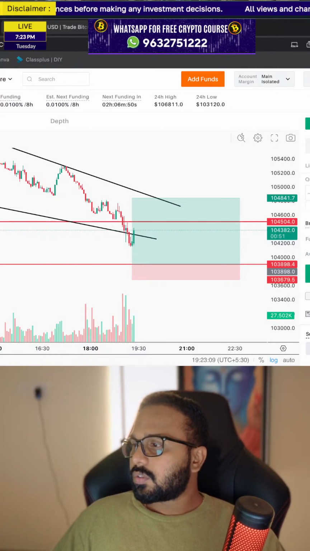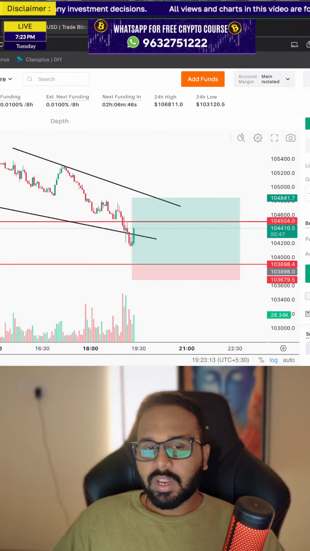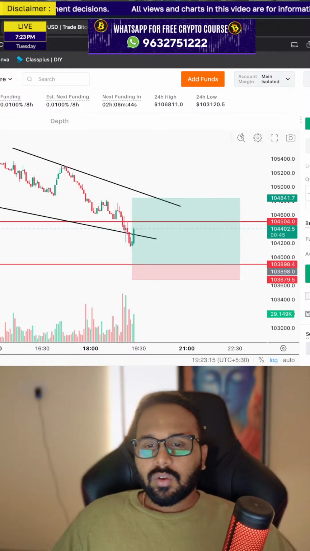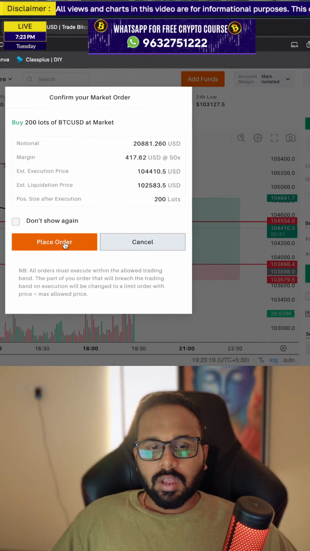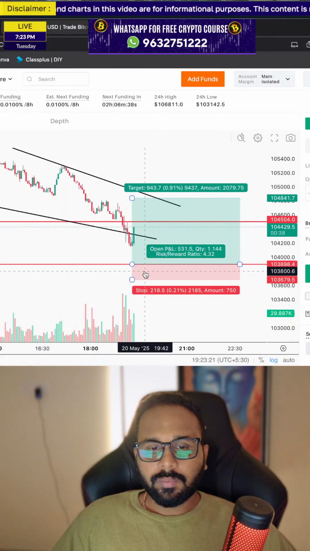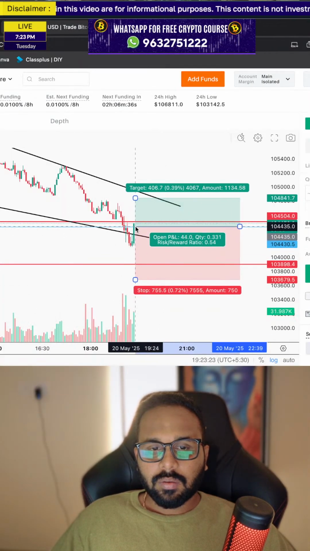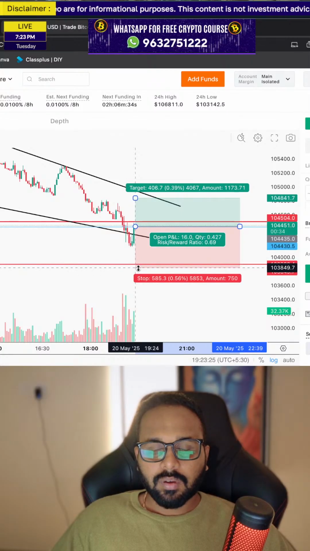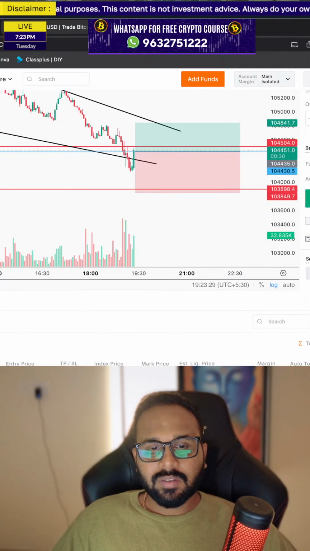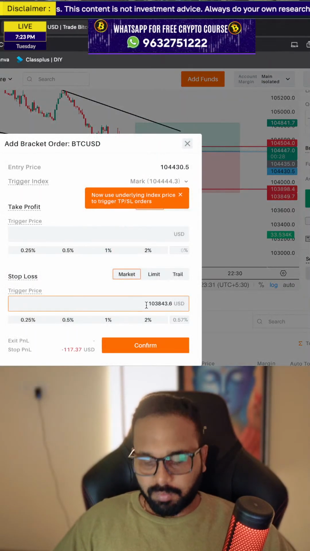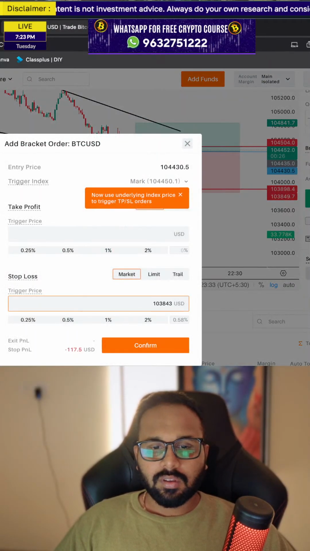Dow Jones, S&P, everything is showing a slight pullback. So hopefully maybe I can place one more order here. Okay, my entry, and stop loss: since I'm entering here, I have to give a little bigger stop loss.